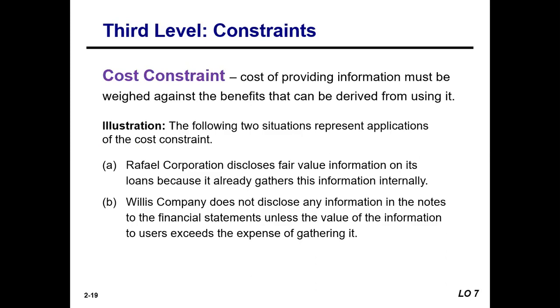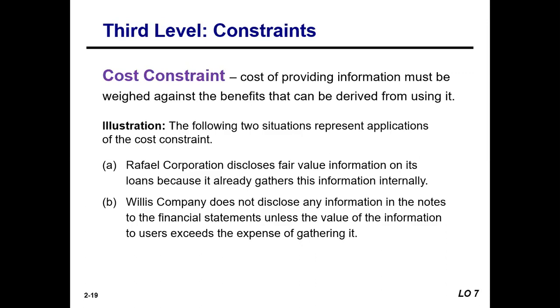So it gives us a couple of examples of it here. It says, Raphael Corporation discloses fair value information on its loans because it already gathers this information internally. So because it already gathers this information internally, it's of little cost to also disclose that in the financial statements, right? I mean, it's already gathering the information. It's already incurring the cost internally.